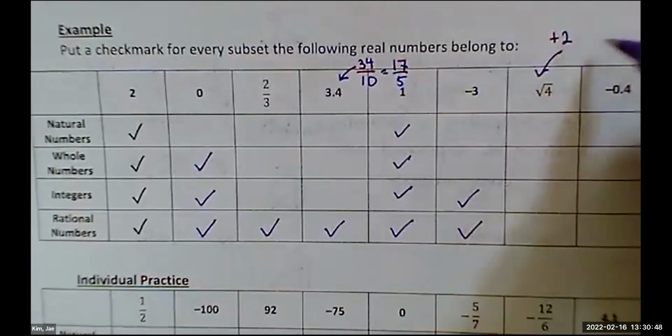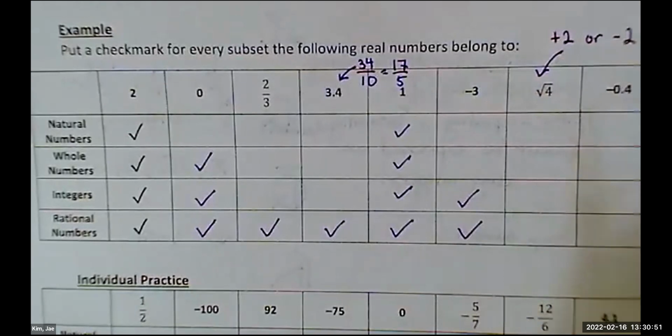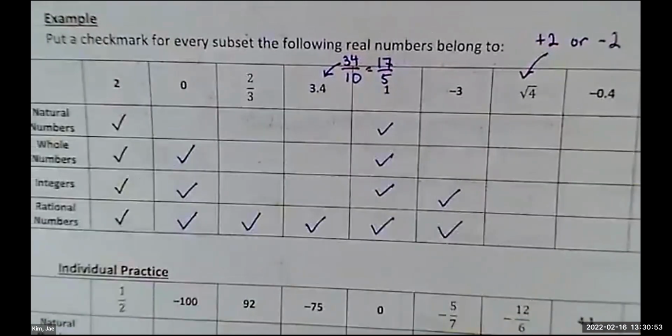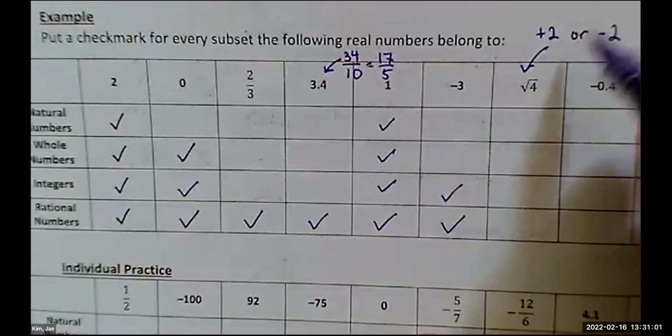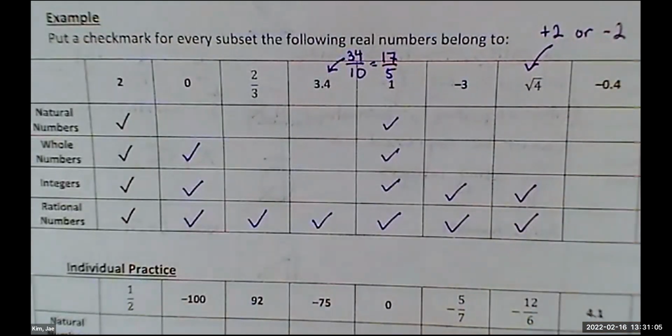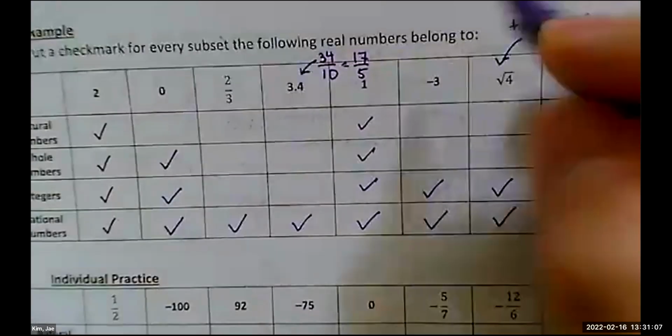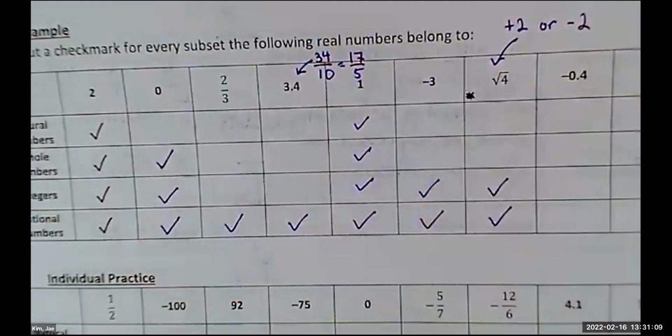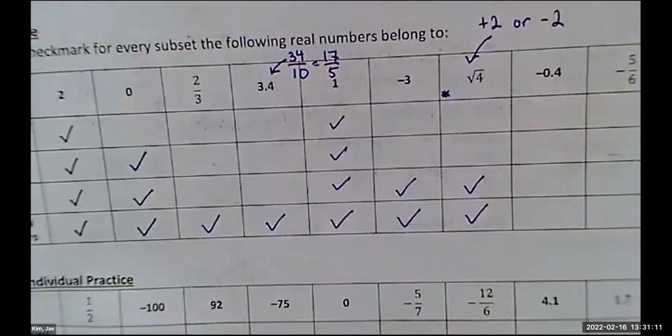That could be a positive 2 or a negative 2. 2 times 2 is 4. Negative 2 times negative 2 is 4. And so it could be a positive or a negative. The answer would be integers. That's a tough one. Put a little star next to that because it'll probably come back up in grade 10.